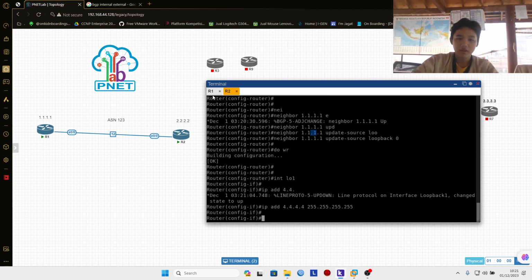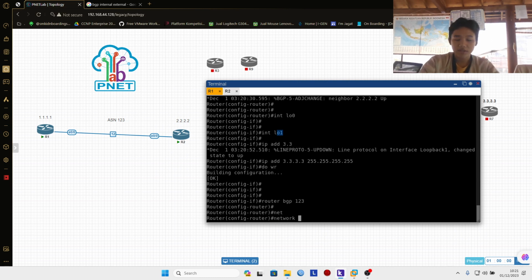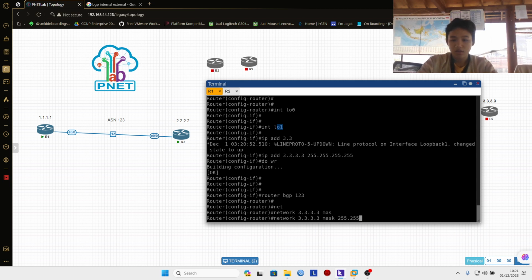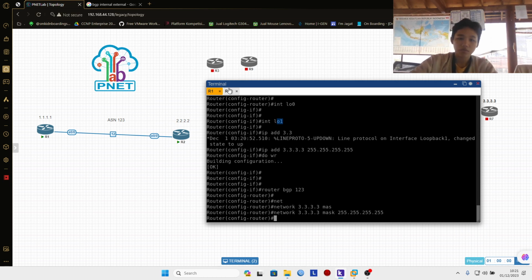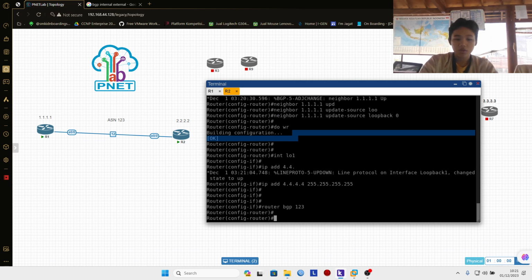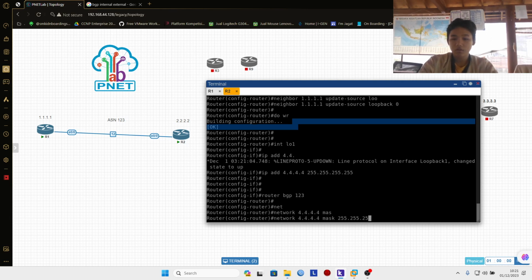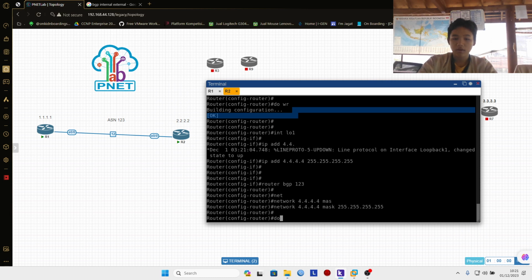After that, on router 1, enter router BGP and advertise it in BGP: network 3.3.3.3 mask 255.255.255.255. On the other router, network 4.4.4.4 mask 255.255.255.255.